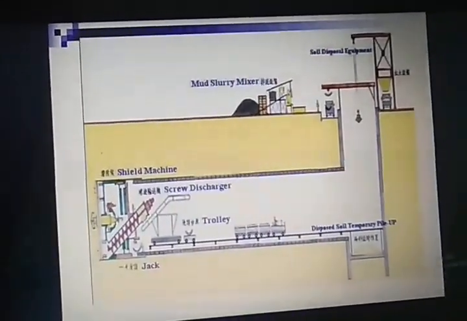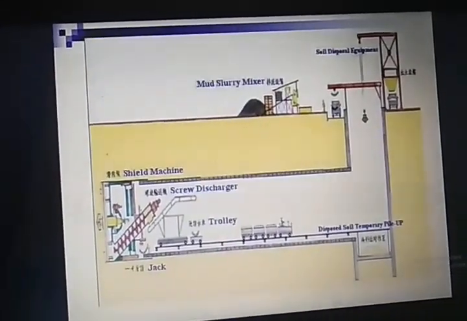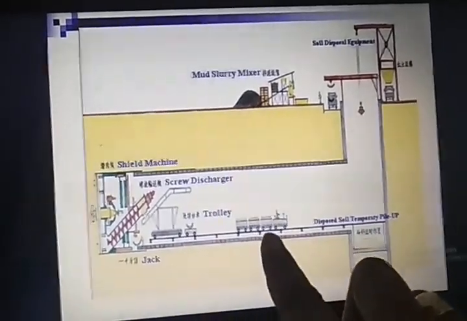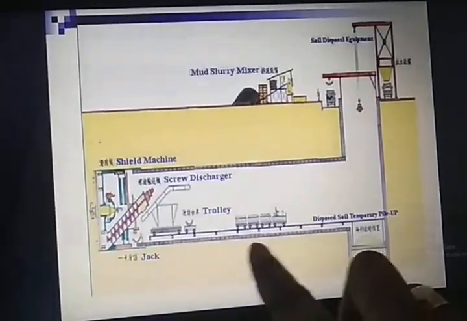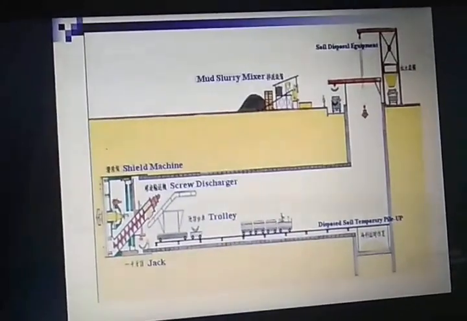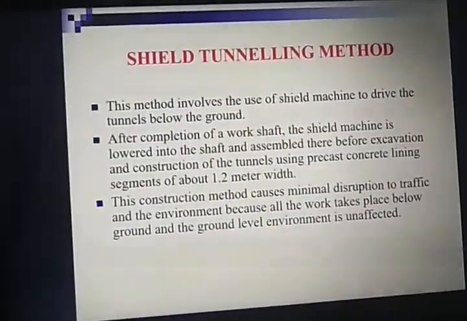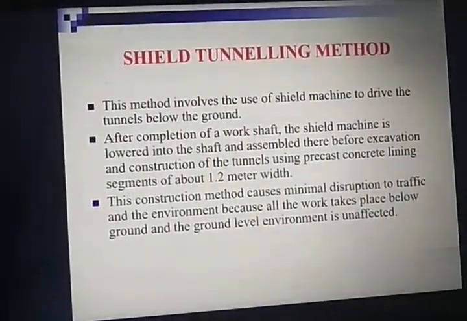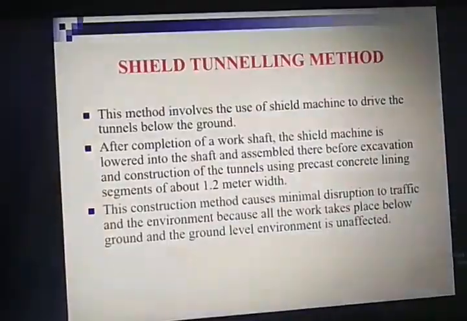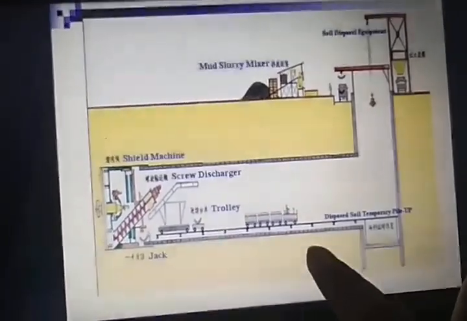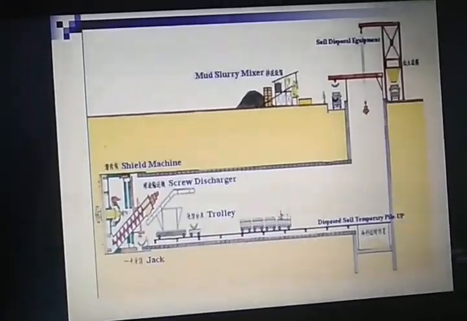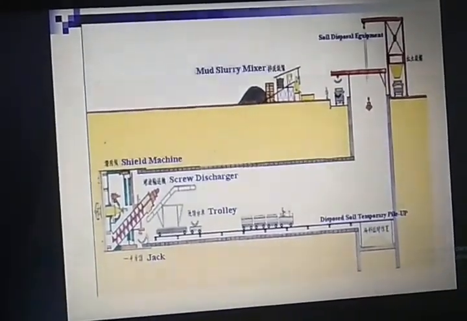So this is one of the figures, at that portion the shields are to be provided at the top and bottom portion, and the shield lengths are to be given here. 1.2 meter concrete lining segments we have to provide at the top and bottom portion, okay.